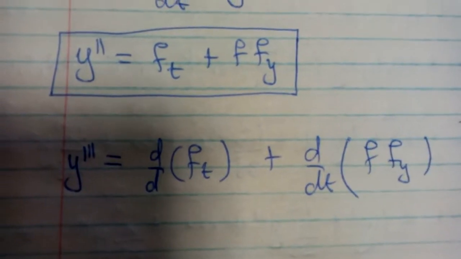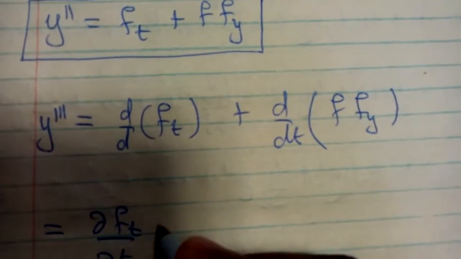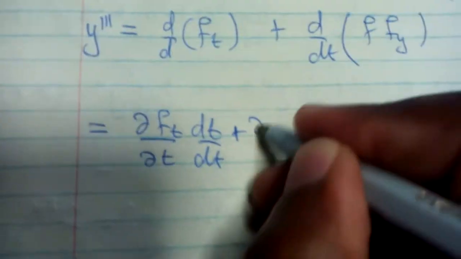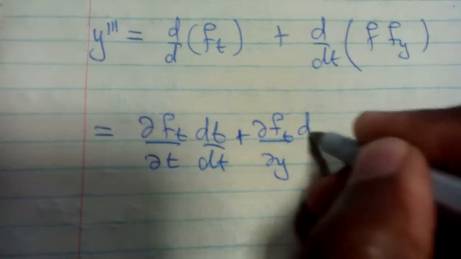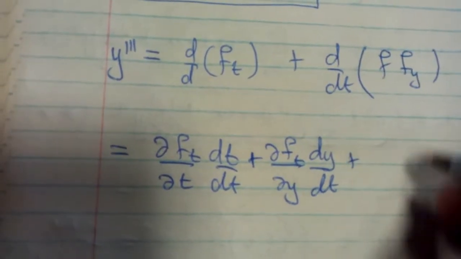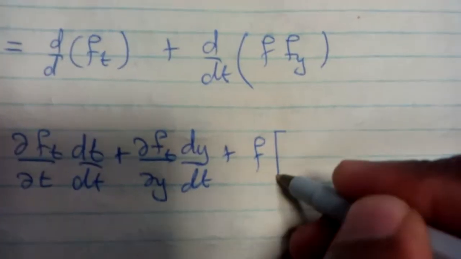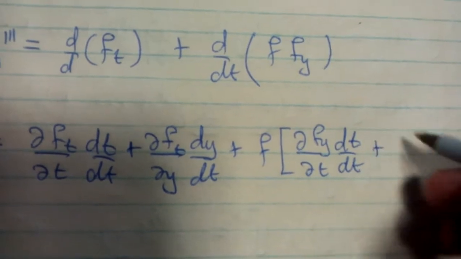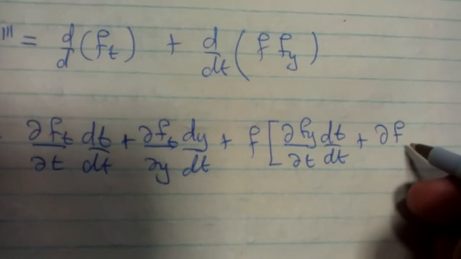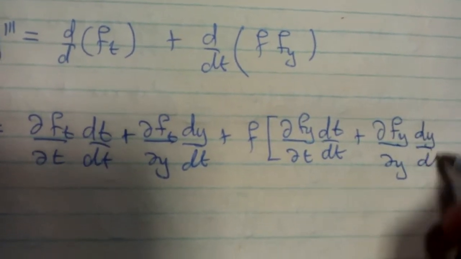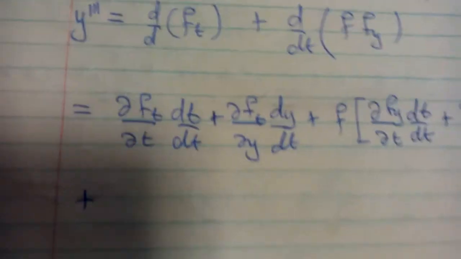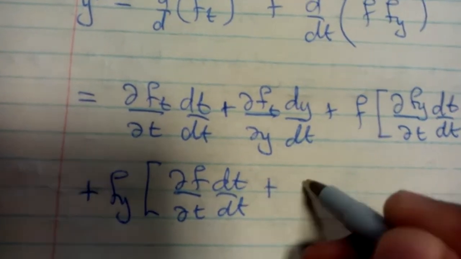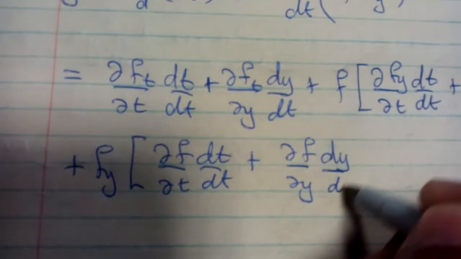This is nothing but partial f_t partial t dt/dt plus partial f_t partial y dy/dt, plus, with f outside by the product rule, partial f_y partial t dt/dt plus partial f_y partial y dy/dt, plus f_y outside now, partial f partial t dt/dt plus partial f partial y dy/dt.